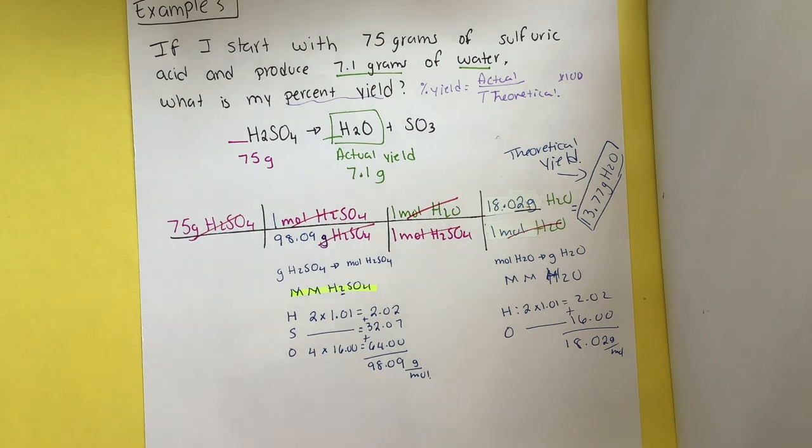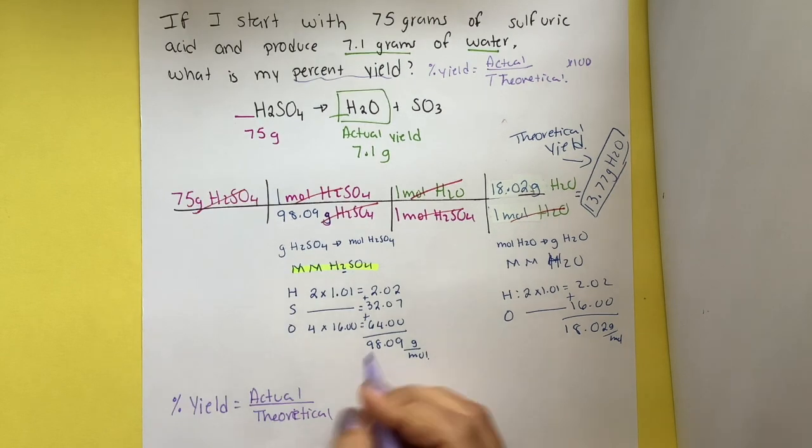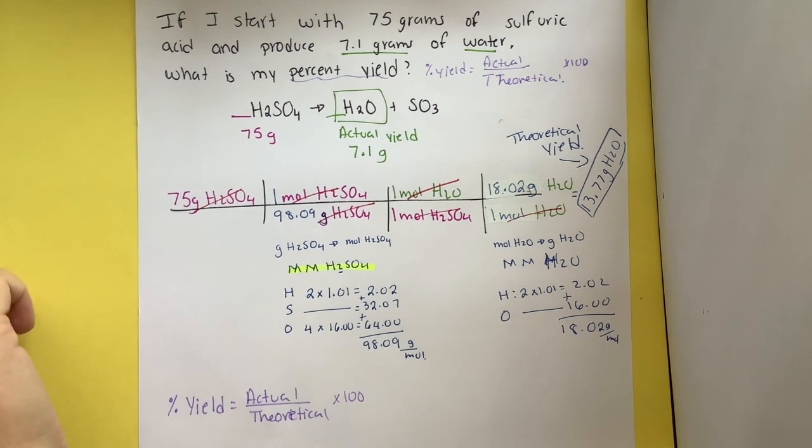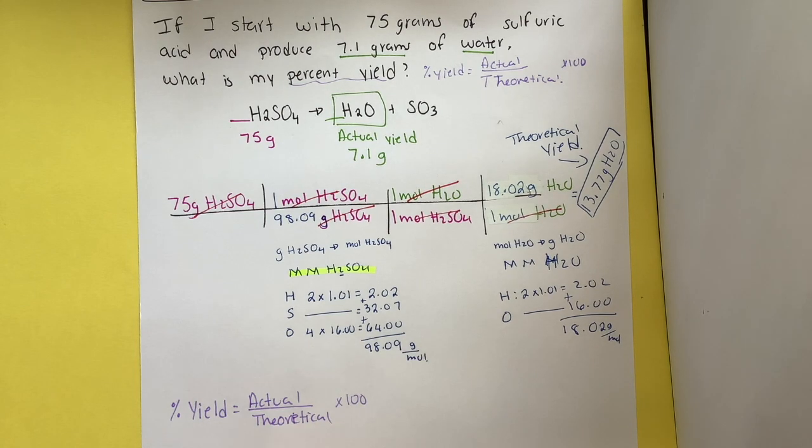Okay, so to find the percent yield, I'm going to write the formula here once again. We're going to do actual yield divided by theoretical. Okay, so actual over theoretical times 100. So I'm just gonna plug in my values. My actual yield, according to my problem, was 7.1 grams.